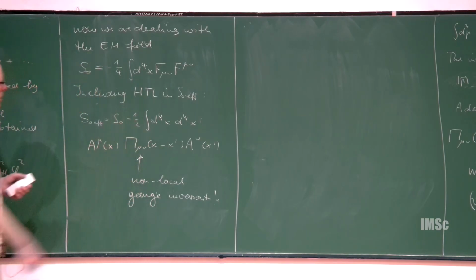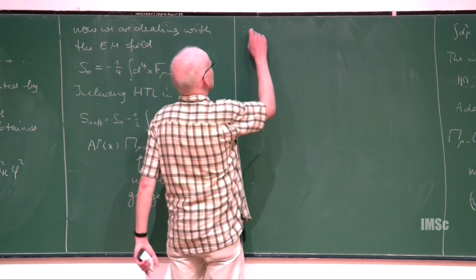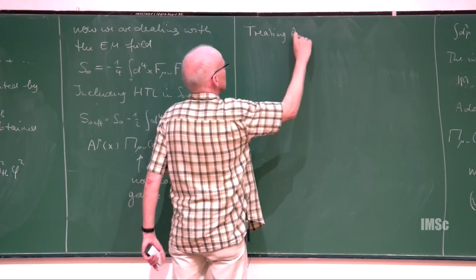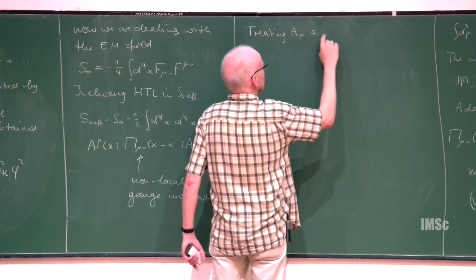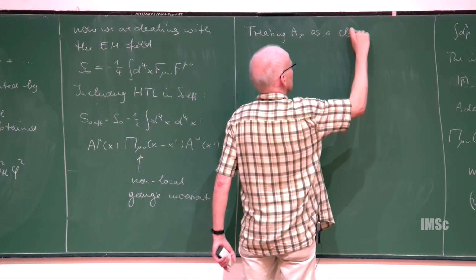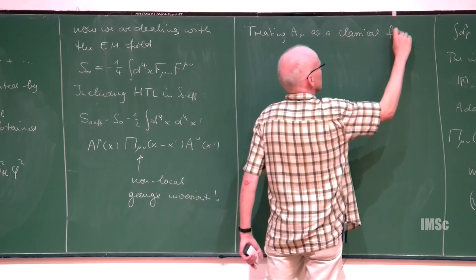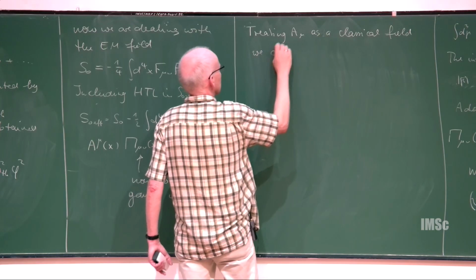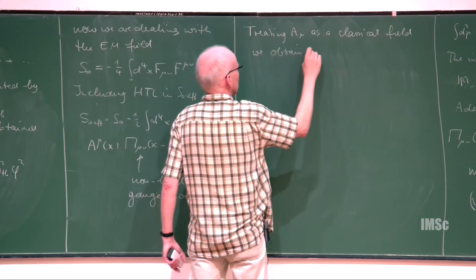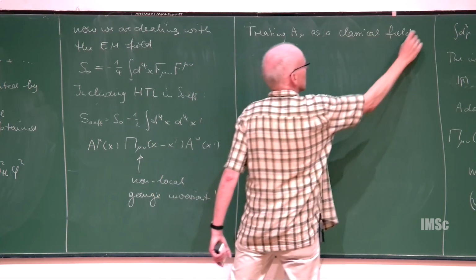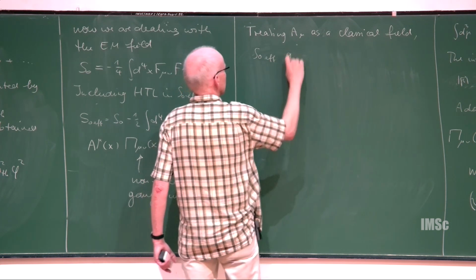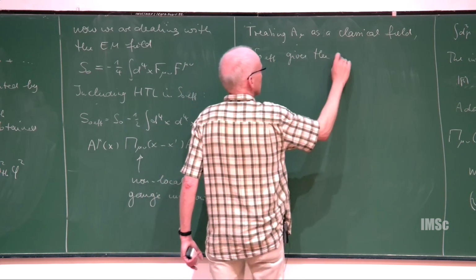And of course you can take this expression and vary it. Now we are treating A mu as a classical field, and we obtain the equation of motion.